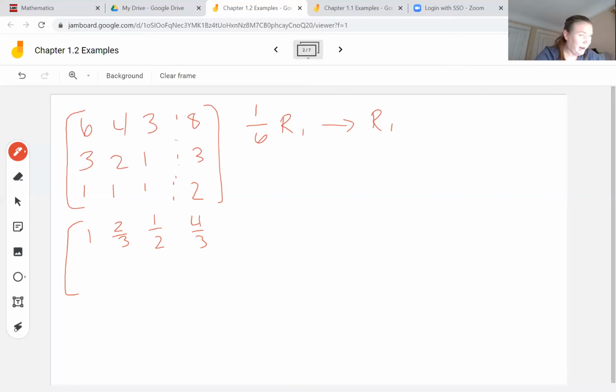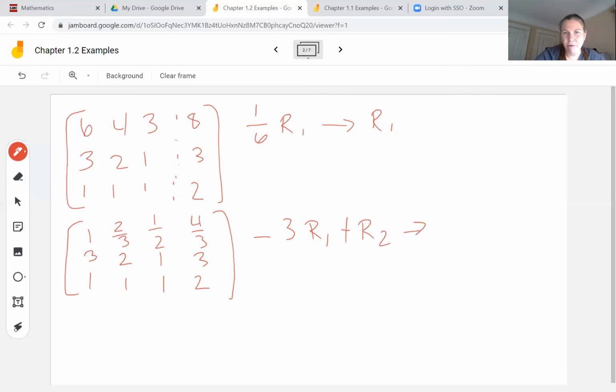Then my next move, I'll leave the matrix as is. I apologize for my computer handwriting. The next move I want to make is to get 1 as the leading coefficient in row 2. Actually, I'm going to do -3 times row 1. I'm going to take -3 times row 1 and then add that to row 2.